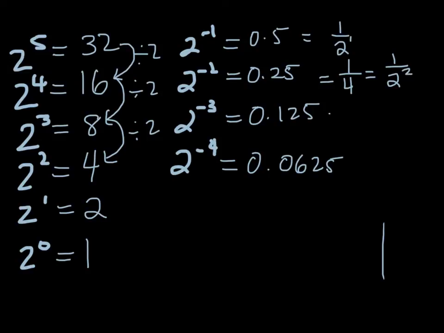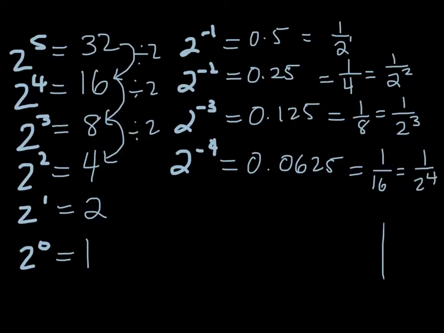Hope you're starting to see a pattern here. This one would be 1 over 8, or 1 over 2 to the power of 3, and finally this one is going to be 1 over 16, or 1 over 2 to the 4.